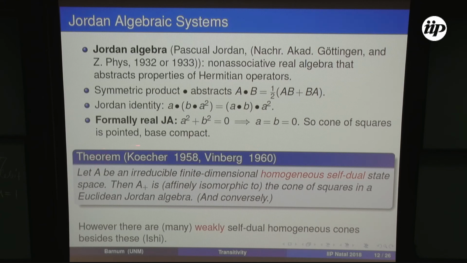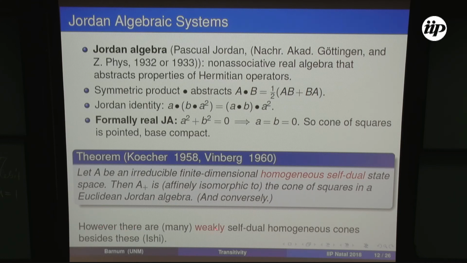Okay. So a theorem by Koecher and Vinberg, independently, says that the irreducible finite-dimensional homogeneous self-dual state spaces, so self-dual cones, are all isomorphic to the cone of squares in some Euclidean Jordan algebra. Sorry, Euclidean is a synonym for formally real in finite dimension.